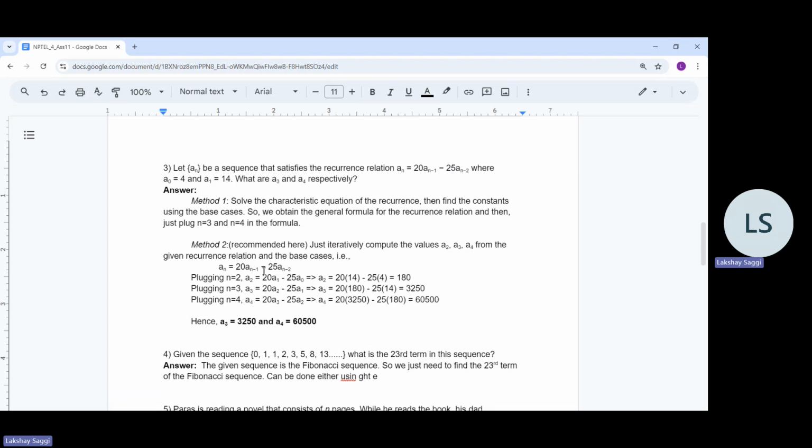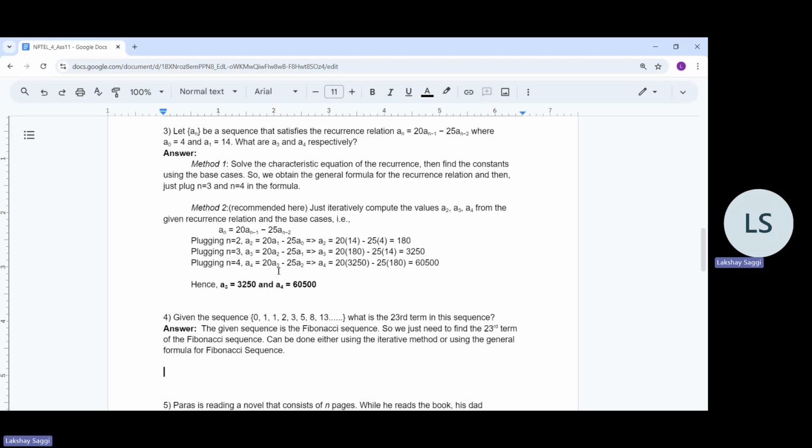But I believe this iterative method is the one which usually helps us more while calculating explicit values for a recursive sequence. So it can be done either using the iterative method or using the general formula for the Fibonacci sequence, right?